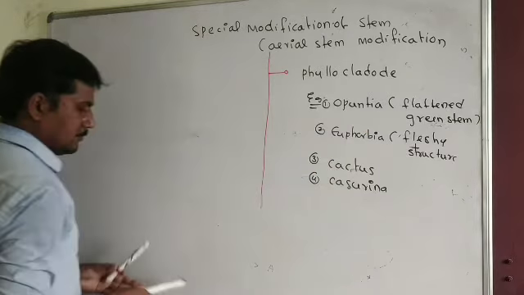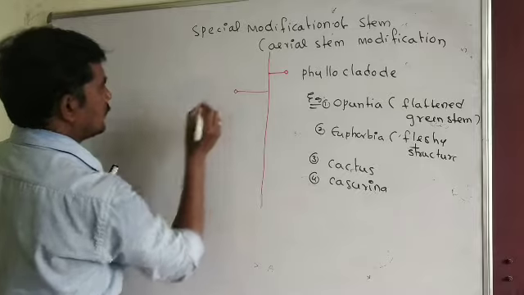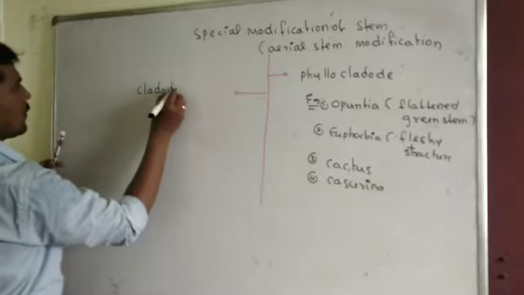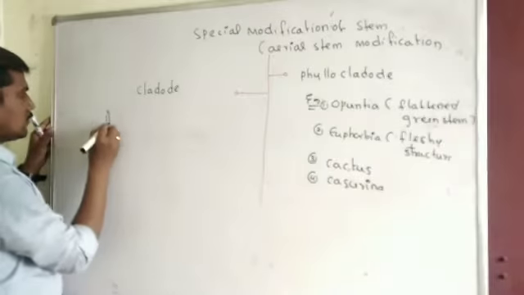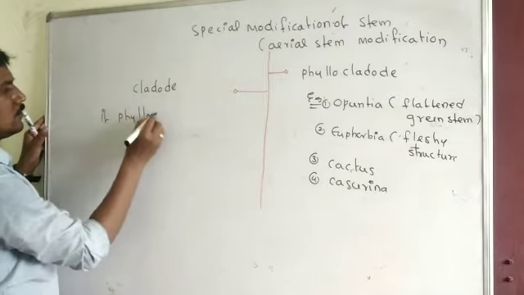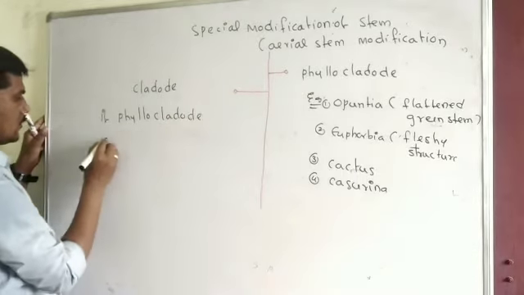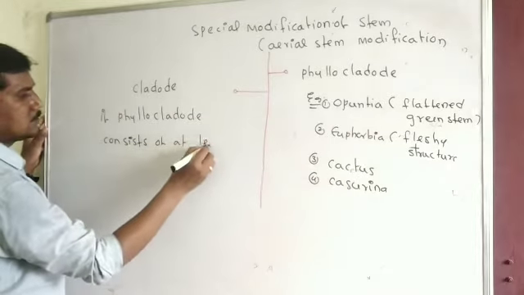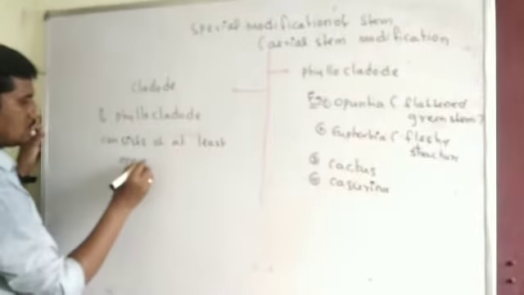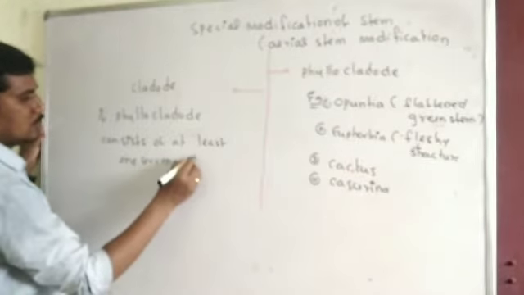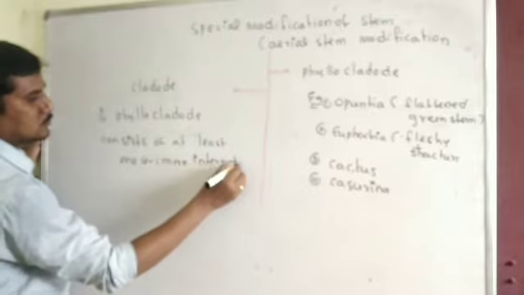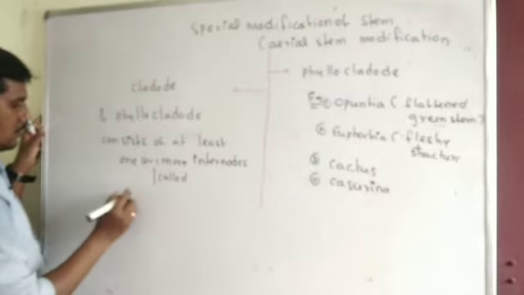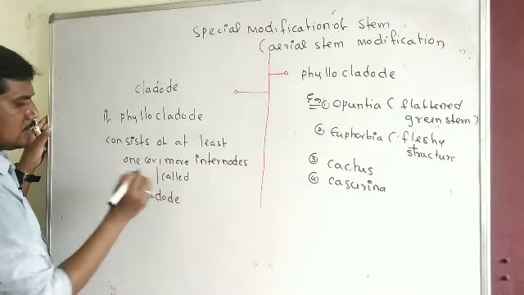The next one, the second one, is very important: cladode. Cladode means if a phyllocladode consists of at least one or more internodes, it is called a cladode.